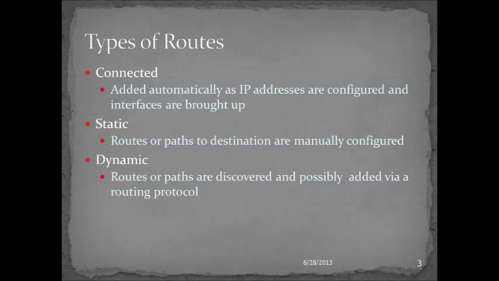So these are automatic. And then if you've got a small topology or one that doesn't have a whole lot of changes in it, a lot of times we will insert static routes. These are manually configured. We tell the router how it's going to forward traffic. Default routes are an example of a static route.